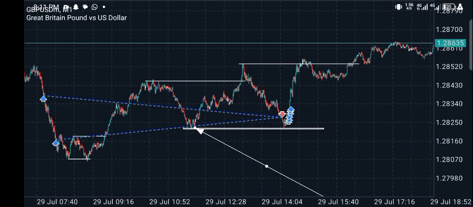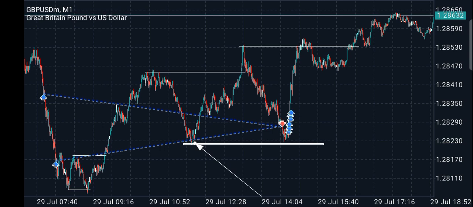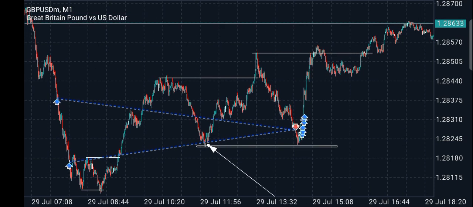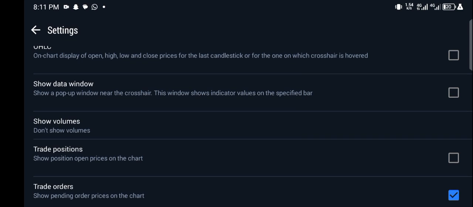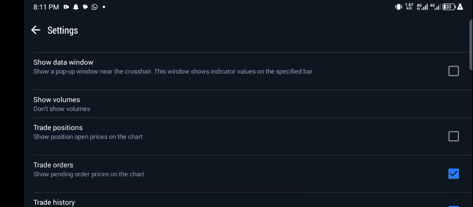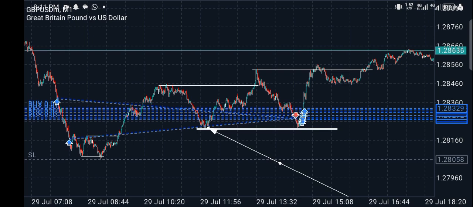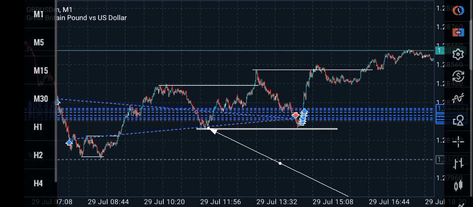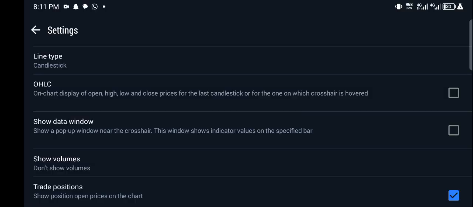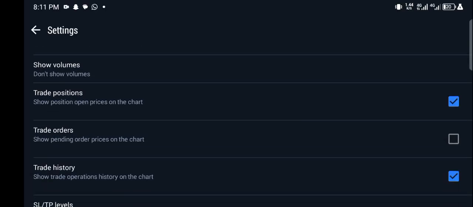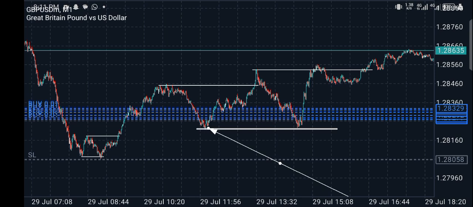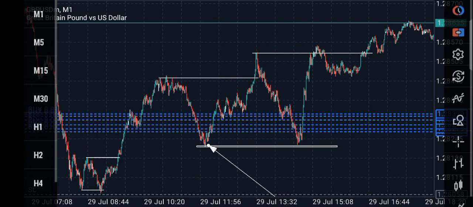I wasn't expecting market to... Sorry guys, let me just take out this thing so I can explain the trade orders, trade history. Okay, so this is it here on the 5 minutes.